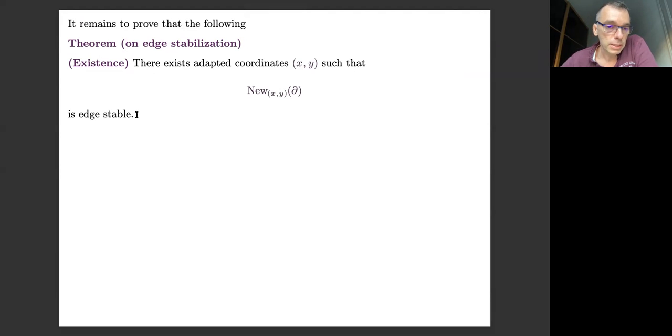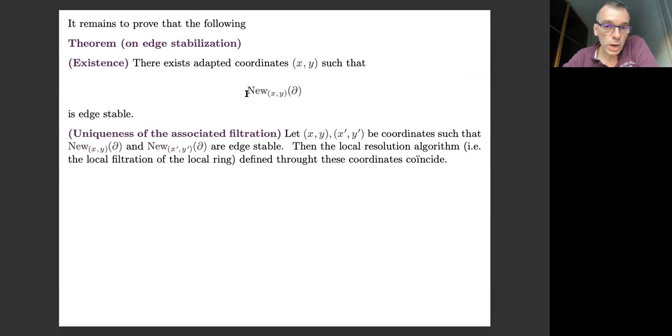And in fact, there is a second part, which says that the filtration determined by these coordinates x and y and the slope of the edge is unique: if you have two different coordinates in which the Newton polygon is edge stable, then the filtration of the local ring, which is determined by the weights of the main edges with respect to the two coordinates, coincide.